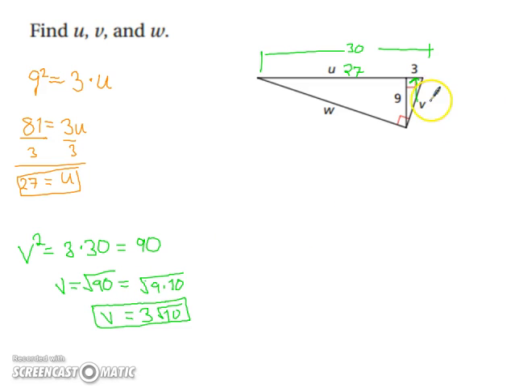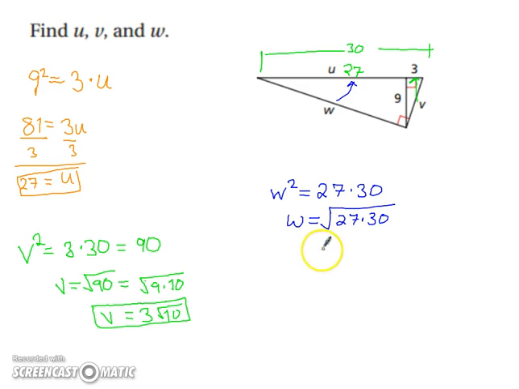And one last letter. So we have w. Similar to what we just did, we can do w squared equals, well, that's on the same side, so 27 times 30. And we would want w equals the square root of 27 times 30. And let's see, 27 times 30 is 810.